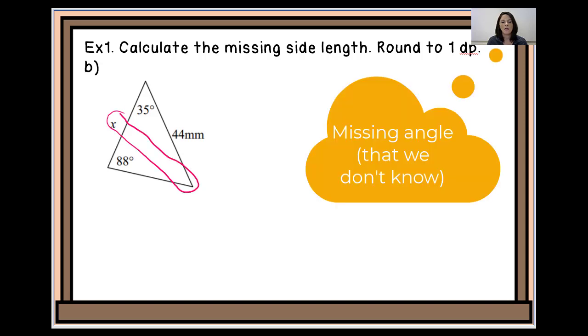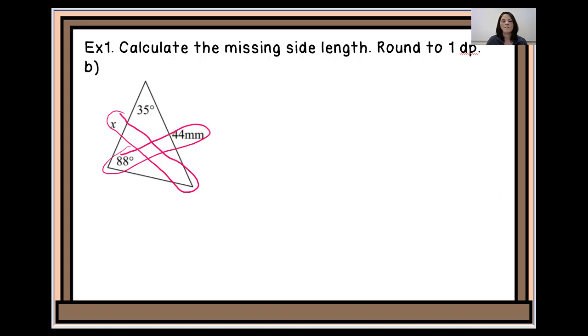And then the 88 degrees corresponds with the side length of 44. If it helps you, go ahead and label your triangles. I know these triangles are not labeled, but if you want, you can label A, lowercase a across from it, B, lowercase b across from it, capital C, lowercase c across from it. If that helps, go ahead and label your triangle.